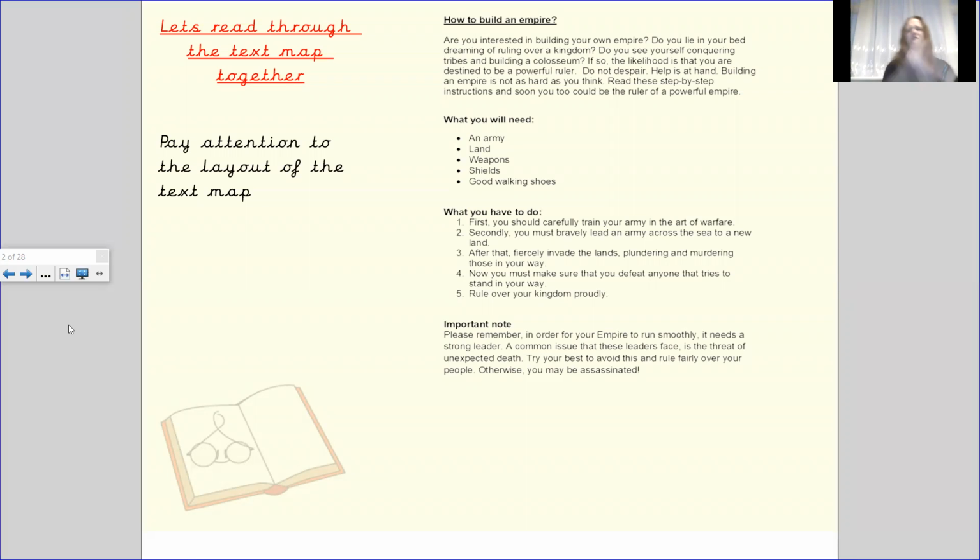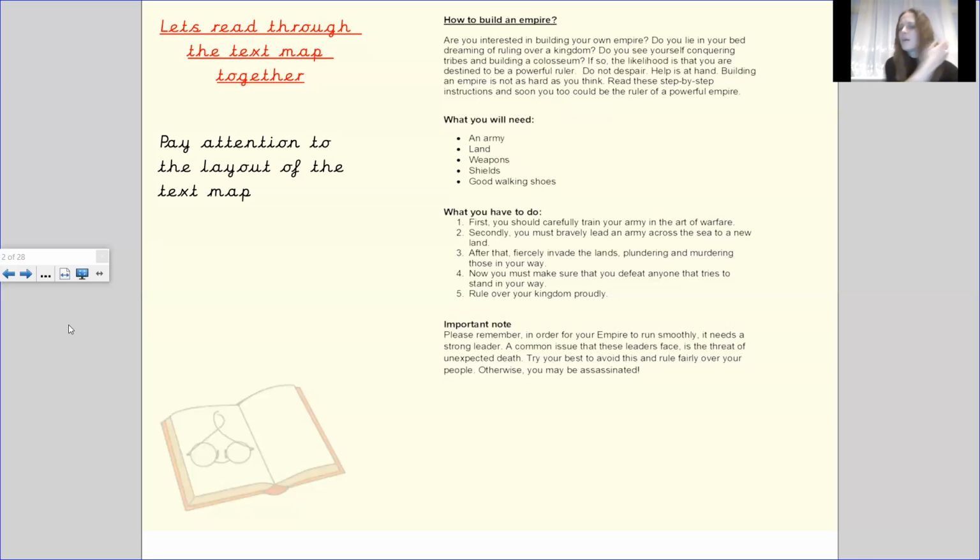After that, fiercely invade the land, plundering and murdering those in your way. Now, you must make sure that you defeat anyone that tries to stand in your way. Lastly, rule over your kingdom proudly.